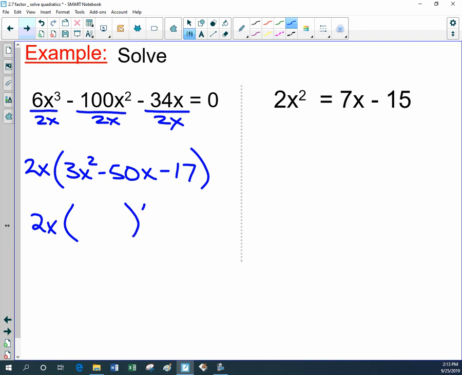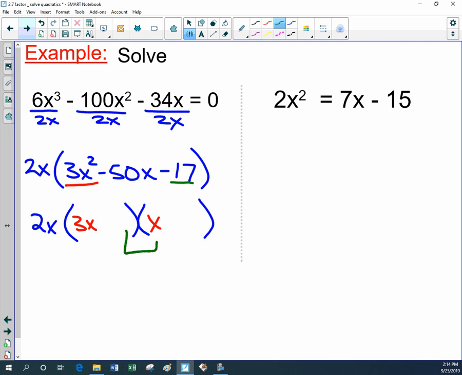Now, factor what's inside the parentheses. So factors of 3x squared are 3x and 1x. Factors of 17, the only factors of 17 would be 1 and 17.